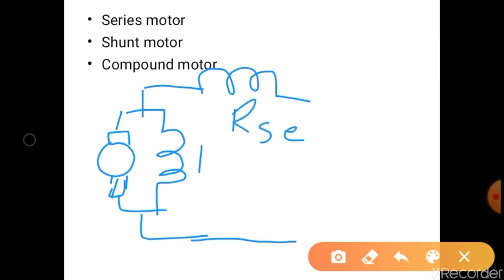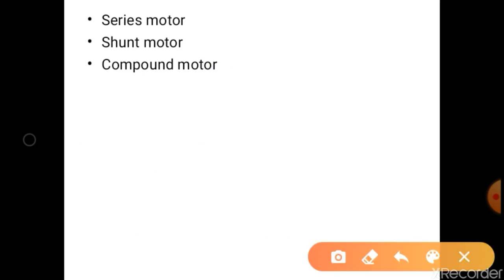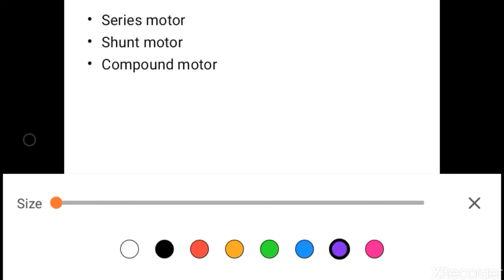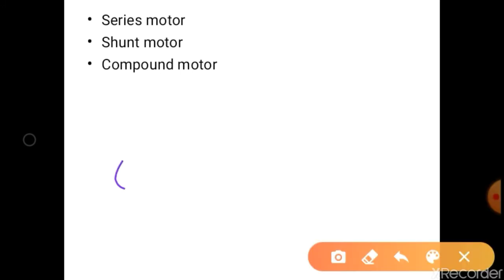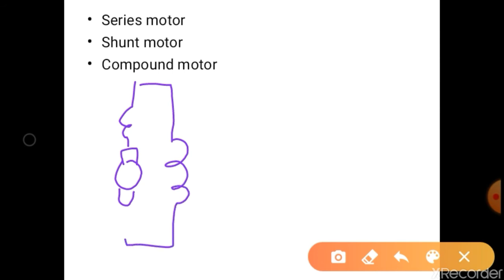So it is called a short shunt DC compound motor. And in the case of long shunt compound motors, the armature is connected in series with the series field, and that will be connected in parallel with the shunt field.